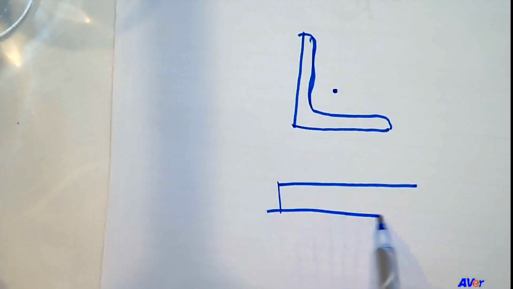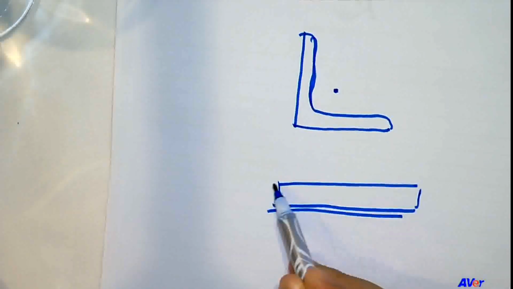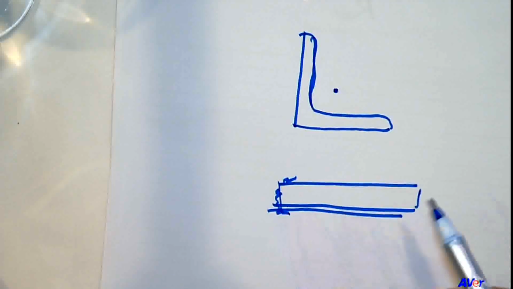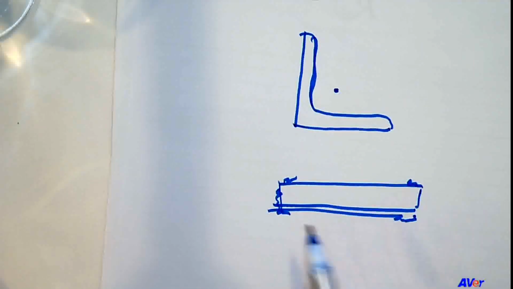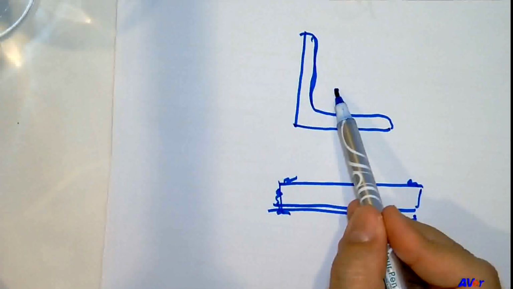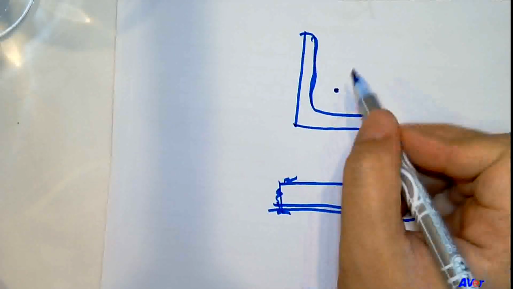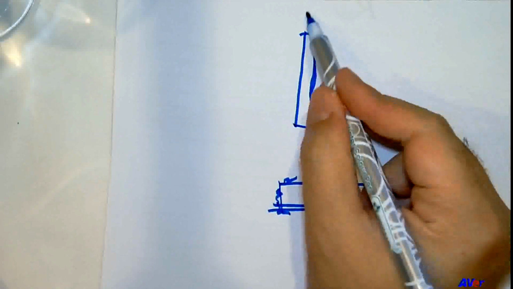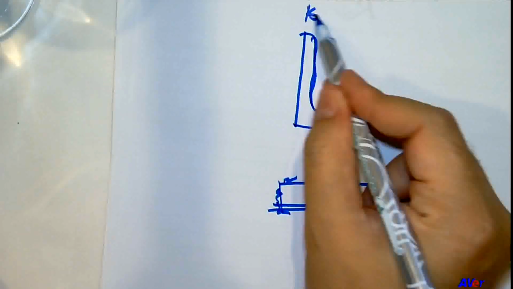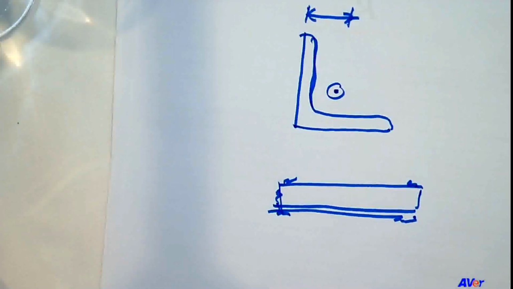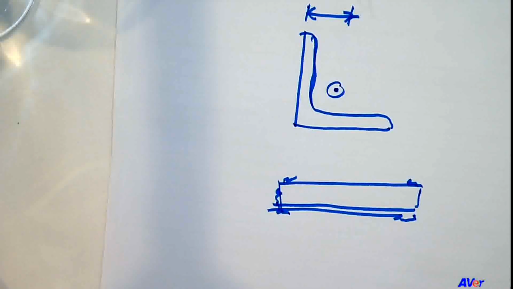Because when you connect the angle to the support, say this is the support, whatever that is, the force will have to travel from the centroid to the support. So if the force is here and it has to go to the support, there is the moment arm or eccentricity. So it doesn't matter even if you apply tension.